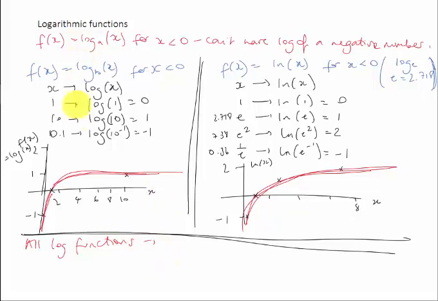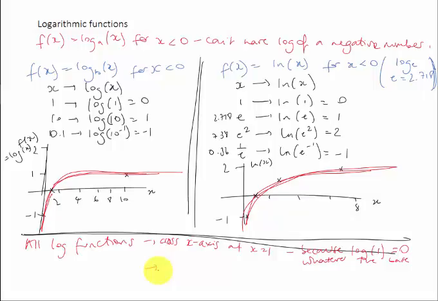The first thing is that they all cross the x-axis at x equals 1, because whatever the base, the log of 1 in any base is 0. So that's the first thing.